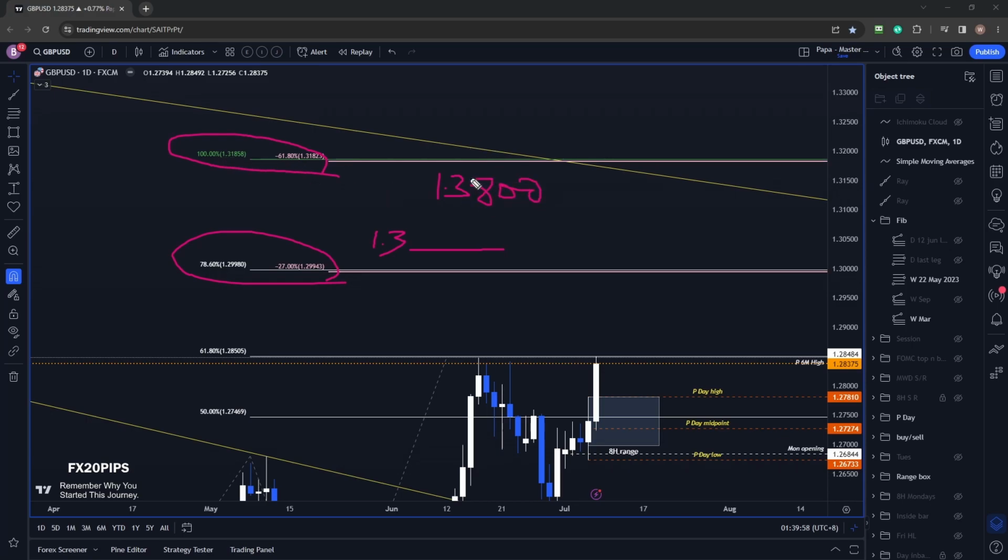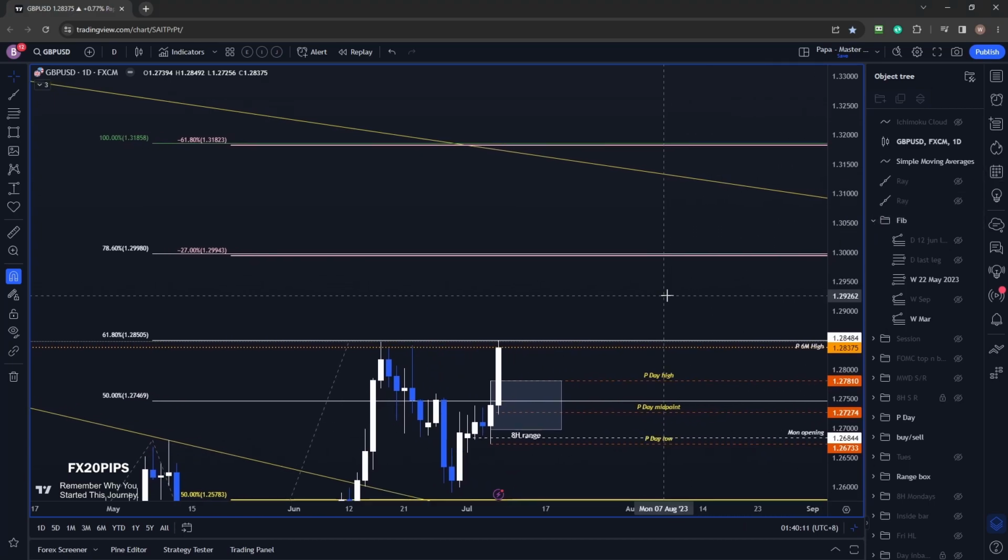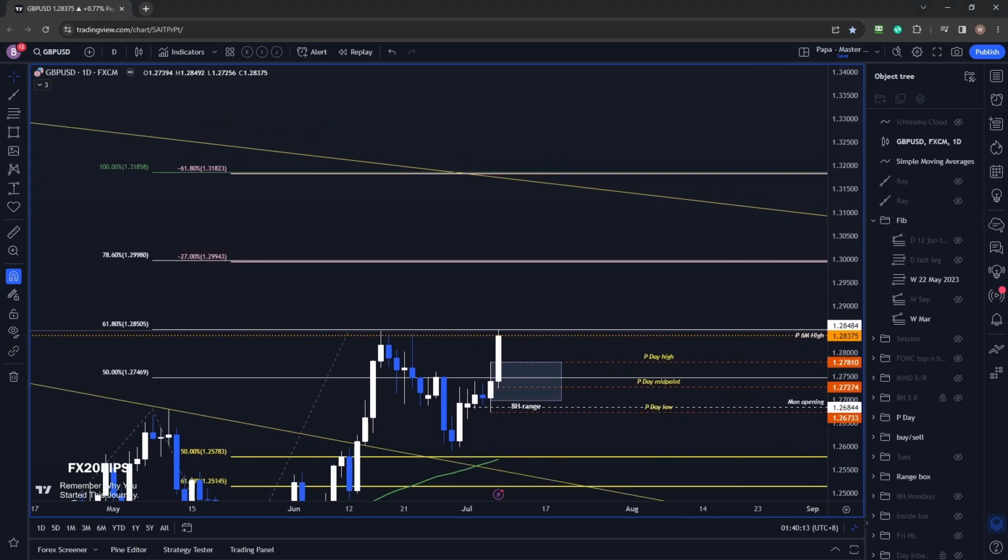Is it 800? No, 1.31 800, okay, or we can put it to 1.32. So these are the 2 future targets for the price if you were to keep going up, right?